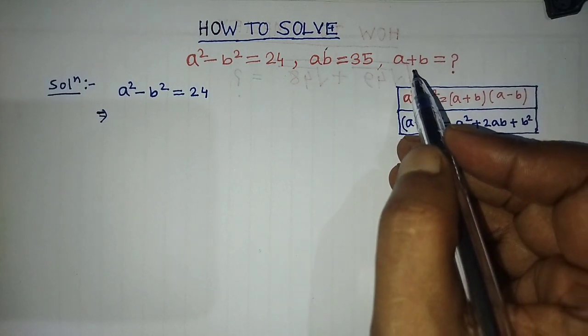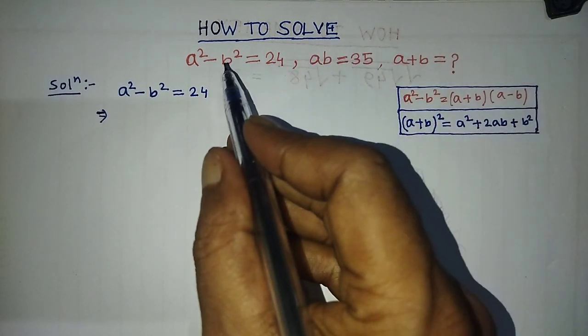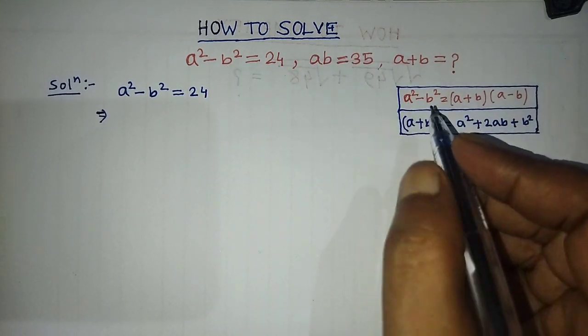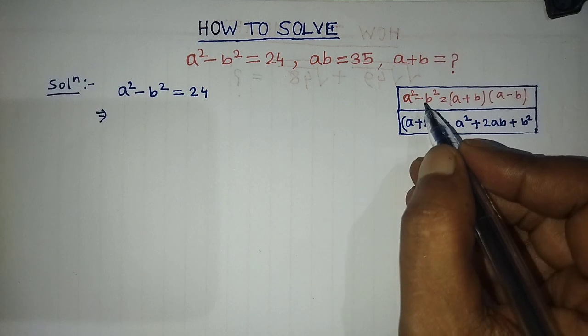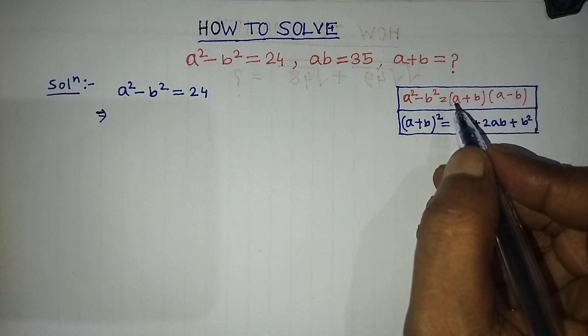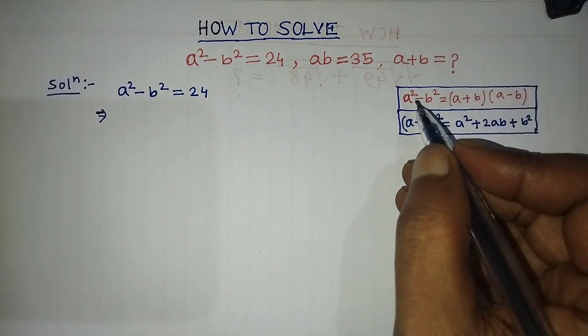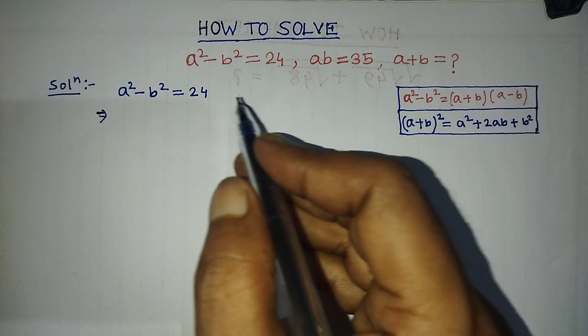So student, to find the value of a plus b from this algebraic expression, first of all we have to apply this formula. Okay student, a square minus b square is equal to a plus b into a minus b. So we have to apply this formula on this equation.